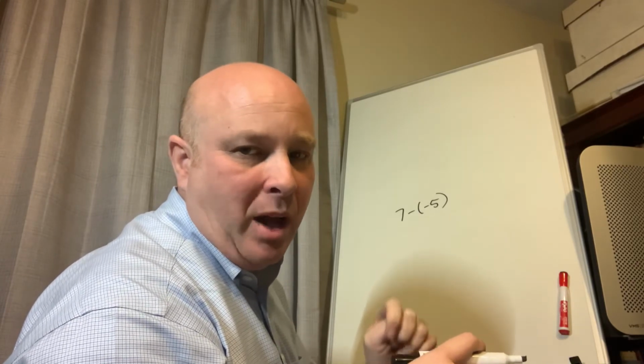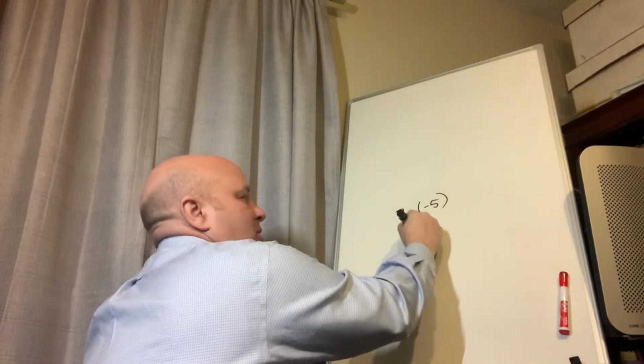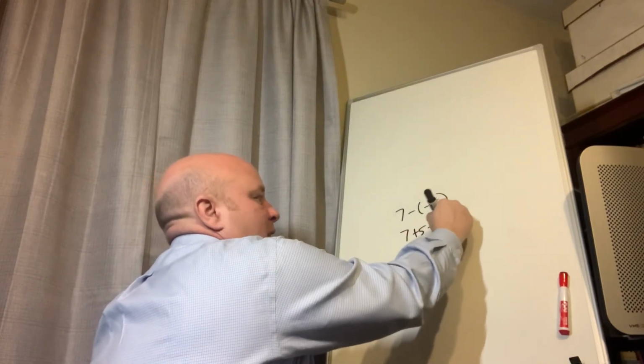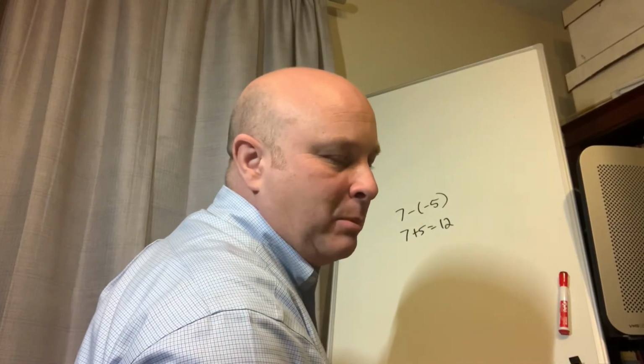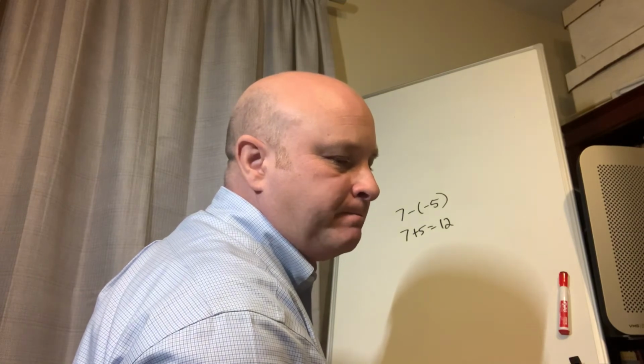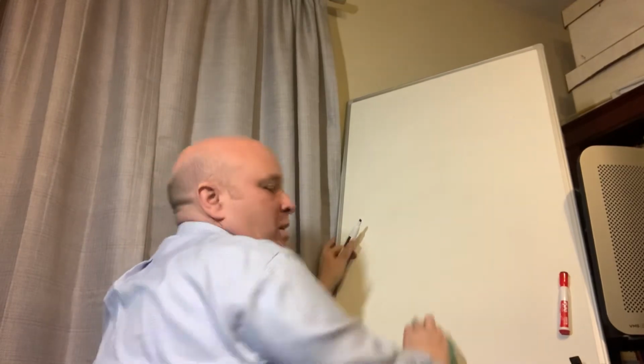Two negatives make a positive. So 7 minus negative 5 is the same thing as 7 plus 5, and that answer is 12. All right. Let me do one example here. I'm going to pull one from the homework. That way, if you're paying attention to the video, you've got one for free.